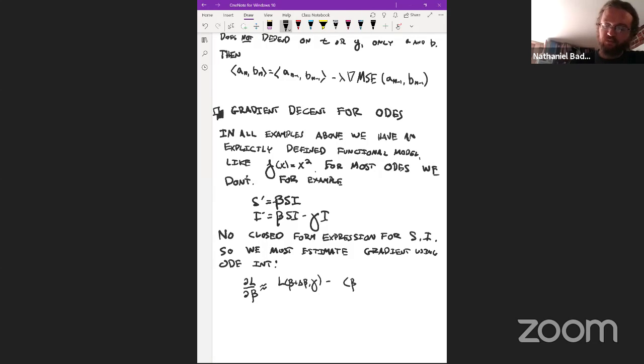This loss function is going to be estimated by making a small shift. So this is our numerical estimate.